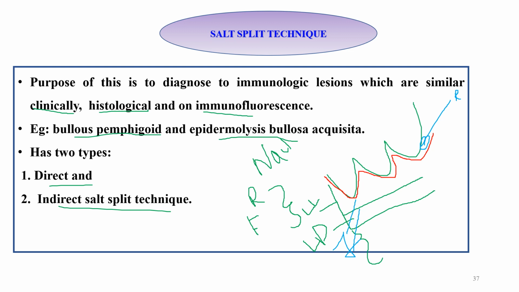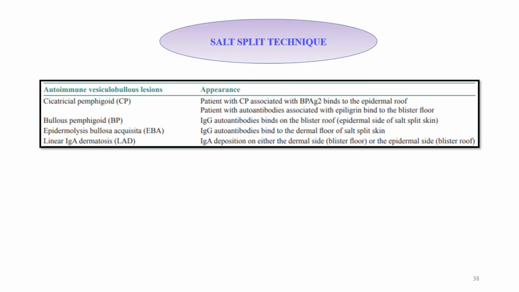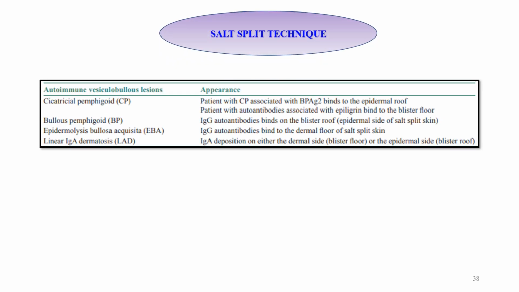Moving on to the findings of the salt split technique. Example, the cicatricial pemphigoid. In cicatricial pemphigoid, the antigens are bullous pemphigoid antigen and epiligrin. So when autoantibodies come and bind with bullous pemphigoid antigen 2 or type 17 collagen, the epidermal roof is stained because it is a component of hemidesmosome.